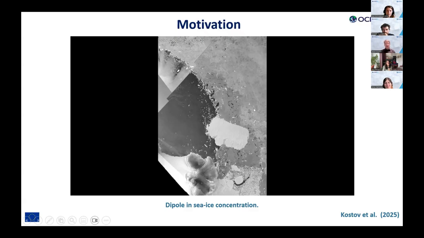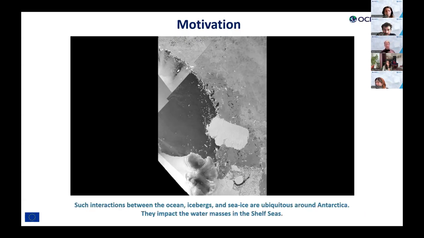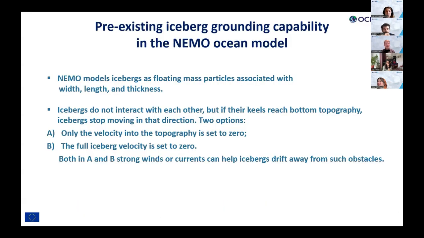This has important implications for water mass transformation in the Amundsen Sea. In this sense, icebergs that are grounded there help create this Amundsen Sea coastal polynya. But such interactions between the ocean, icebergs and sea ice are ubiquitous around Antarctica, and they have an important impact on the water masses in the shelf seas.